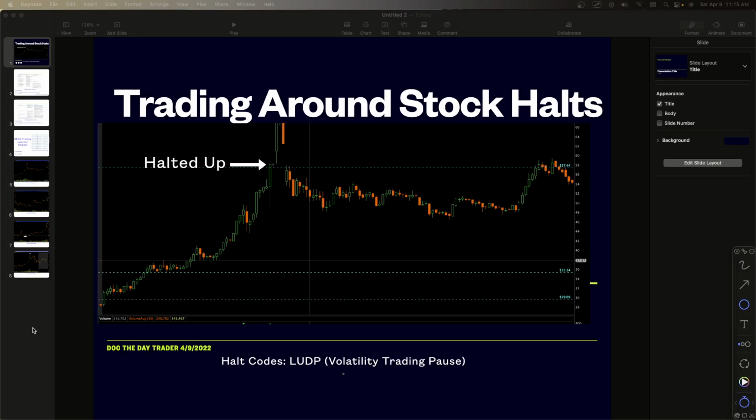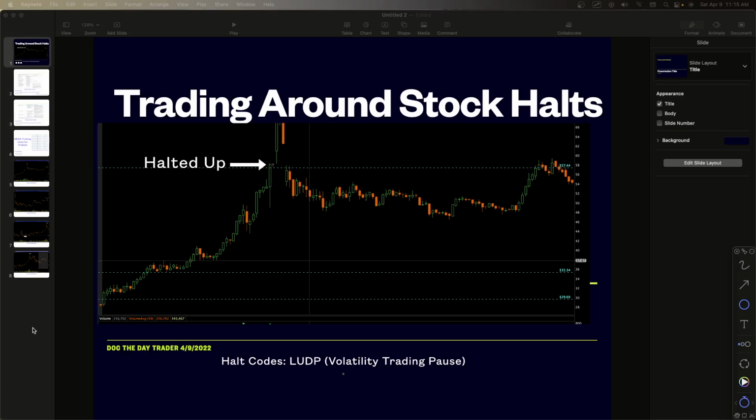So at that very moment when you see that candle stop moving, you have a very, very short time window. I mean, we're talking seconds to hit the eject button if you want to get out, or to try and load up and get in. So the reason for those orders on a halt up, let's say it's the first halt up: oftentimes, when a stock's ripping up and it's going to halt up, obviously there's a lot of buyers there, a lot more buyers than sellers.